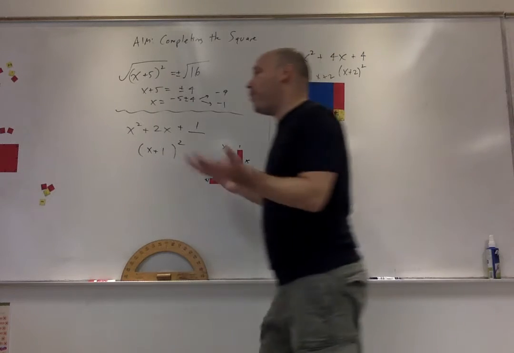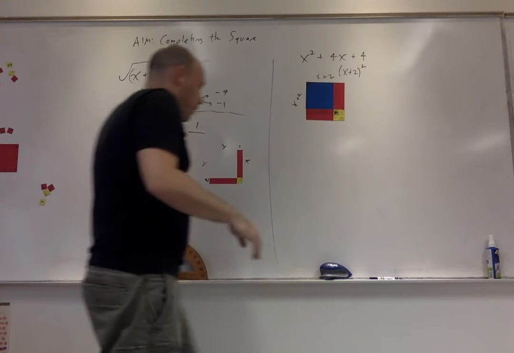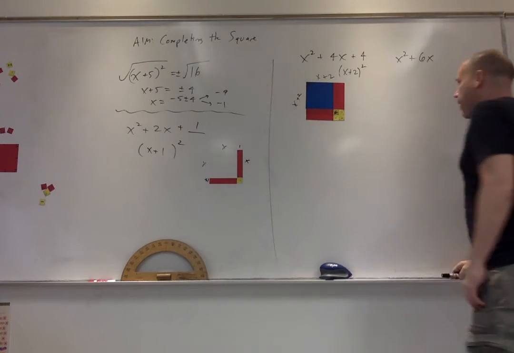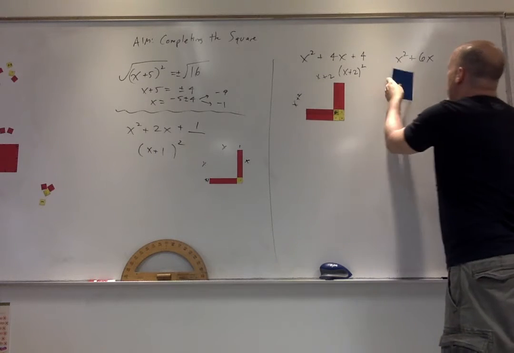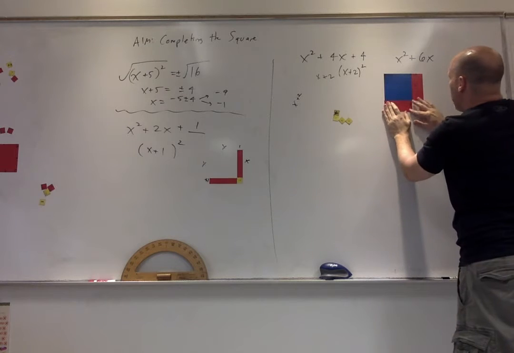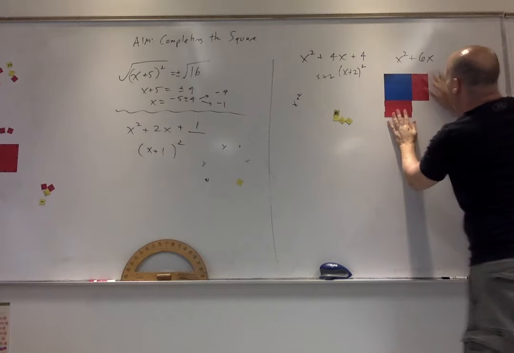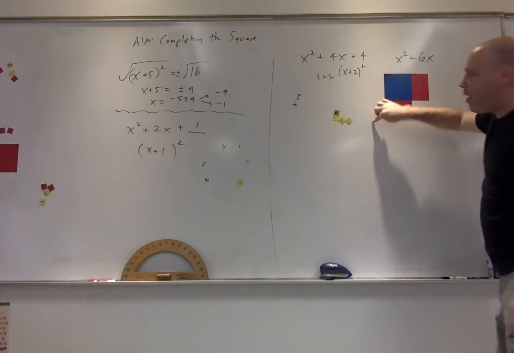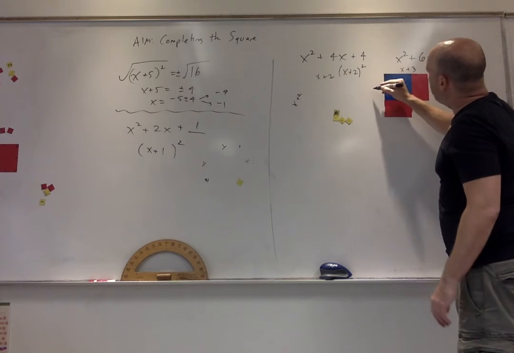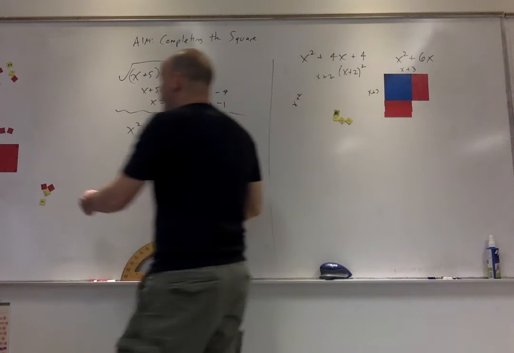One last example, how do we do 6x? Because I only have 6 rectangles. Same idea, let's try x squared plus 6x. Given the square and the 6, what do we need to complete the square? You can visually see what's going on here. You say, okay, well, it's x plus 3 by x plus 3. And then you might say, I need 9.